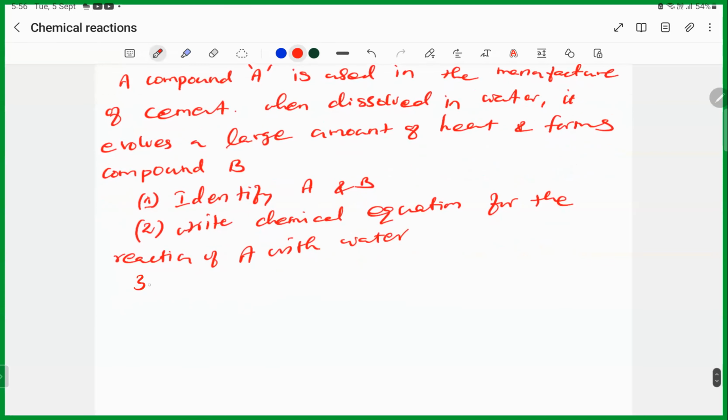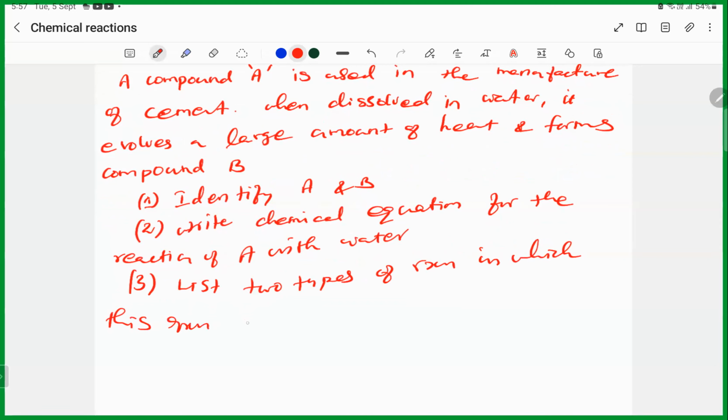Number 3, list 2 types of reaction in which this reaction may be classified. Tell me.